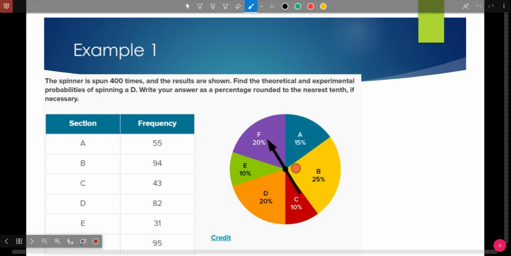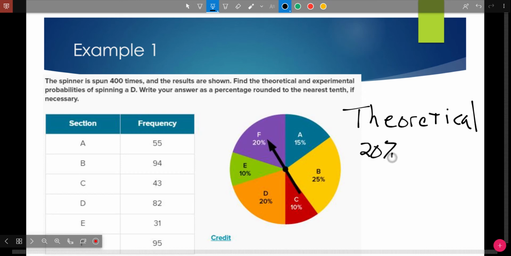And so 25% or 1/4 of it is B. 20% of it is D. And so the theoretical probability isn't 1/6 because there's 6 letters. It's 20%, which you could say is 20 over 100. You could say it's 2/10, which is 1/5. Or you could say it's 0.20.